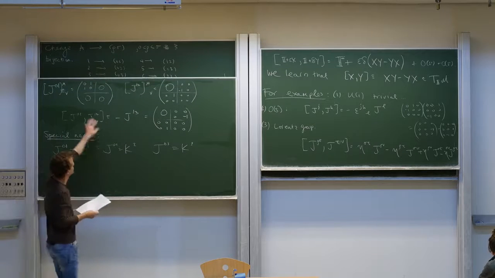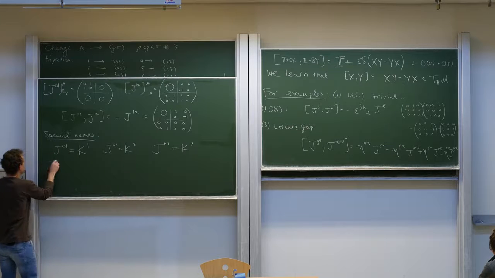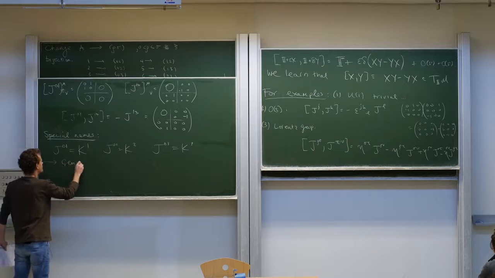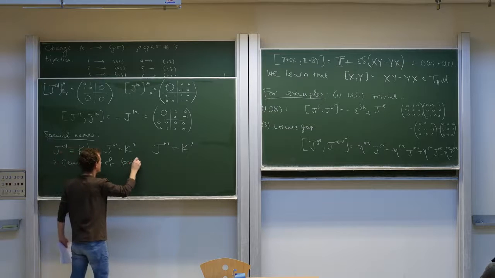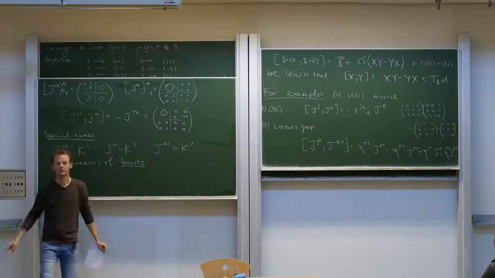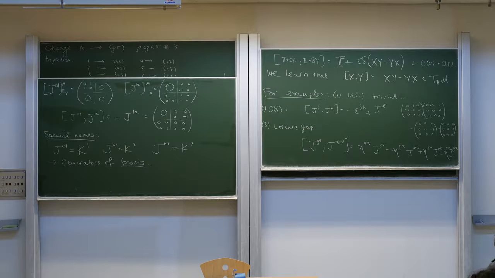All right, so we give these guys special names. These are called the boost generators. If you exponentiate these guys, you'll end up with a 4x4 matrix, which is a pure boost.